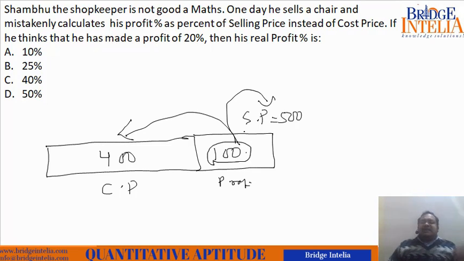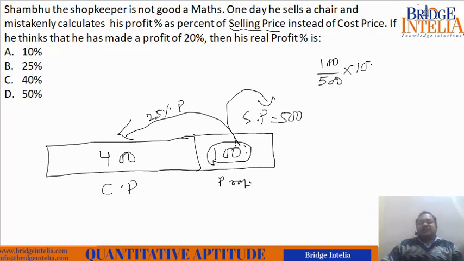He will say that he has earned 25% profit. If he does the real, true calculation, and compares 100 with 400, his answer would be that I have earned 25% profit. But this guy is making a mistake. He is comparing with selling price. So he would compare 100 with 500.